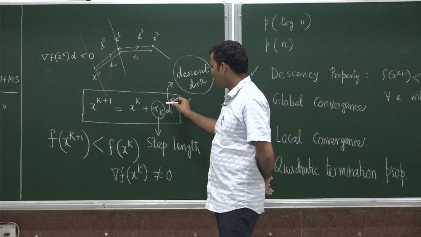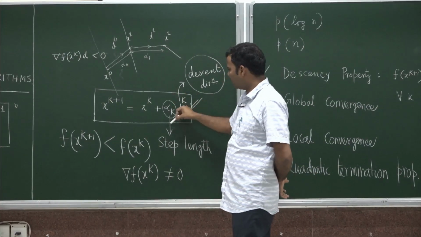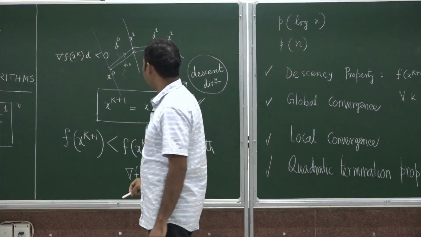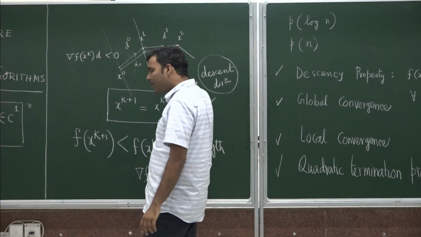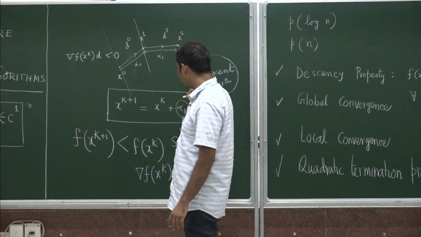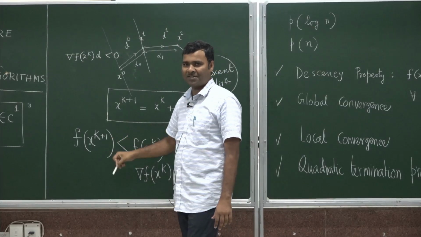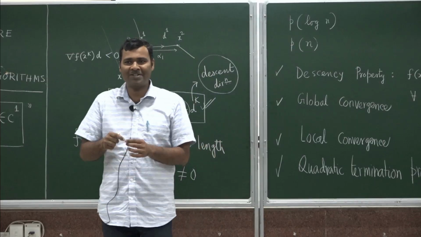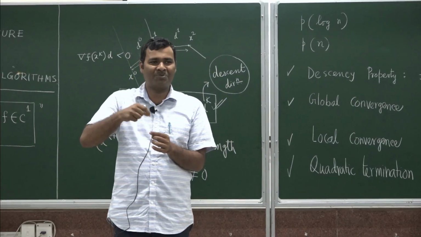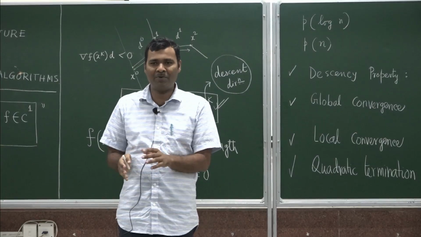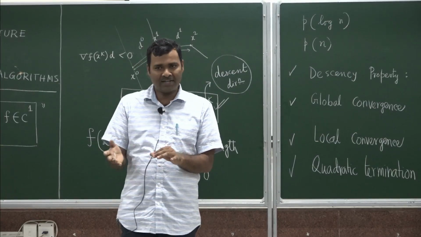But in this lecture I will focus on the choice of this alpha k. How do we choose this alpha k? Our common sense says that I must choose alpha k such that descent happens. At least my function value in the next iteration is not going to increase, and at least a bit of improvement I am getting in the next iterative point.